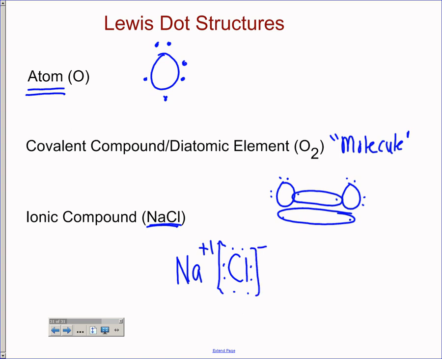You have to bracket it in, and you have to write that it has a -1 charge. Why a -1 charge? Because it gained an electron. Notice that +1 and -1 add up to 0. That means the reason they bond is to become more stable. One loses what the other gains.